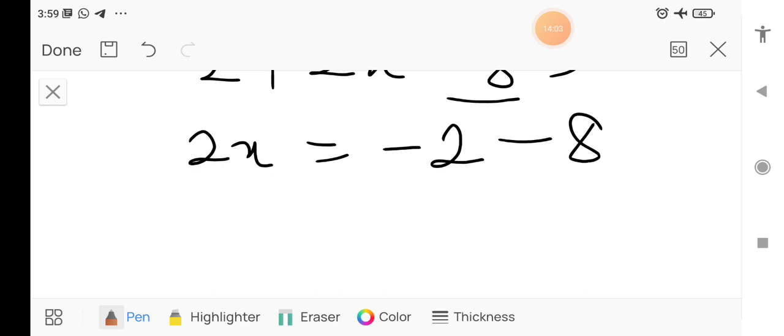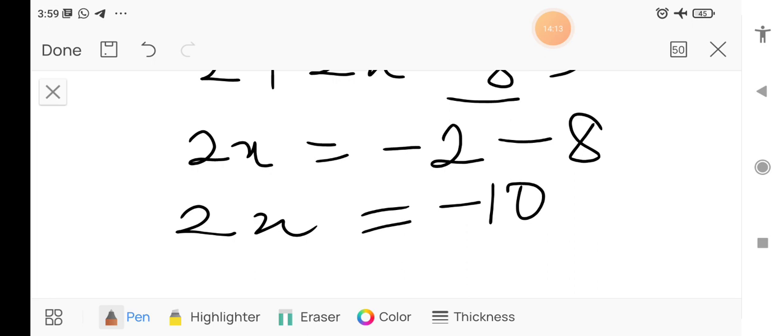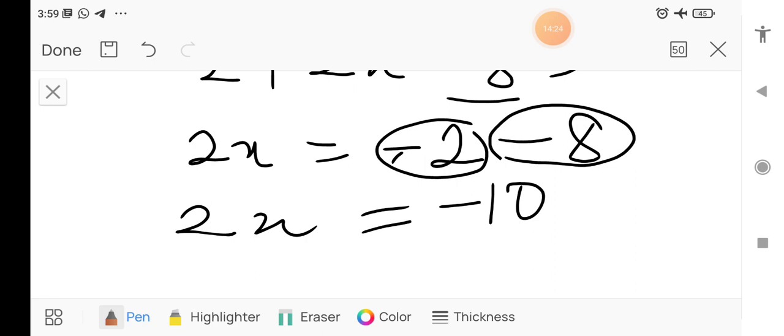So 2x then equals -10, because I usually explain to my students that if you are owing somebody 2 naira, that's a negative, and you are owing an additional 8 naira, you take owing someone money as negative.